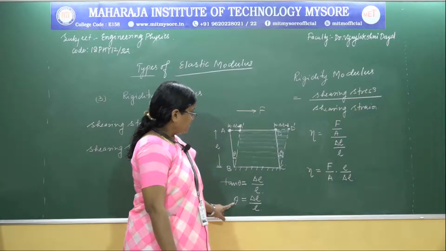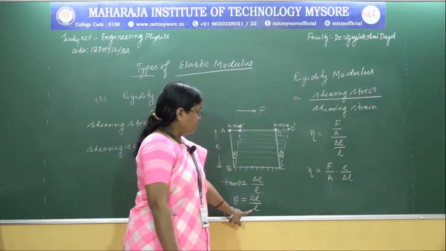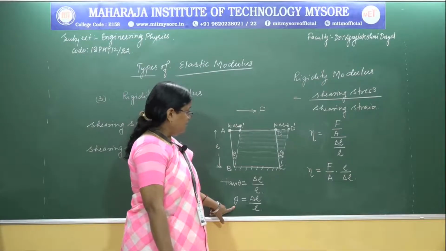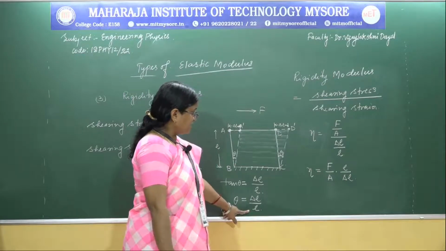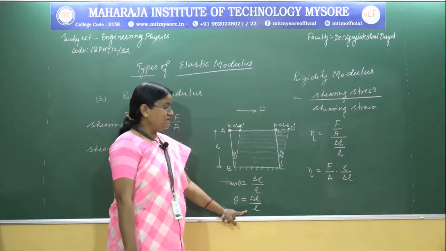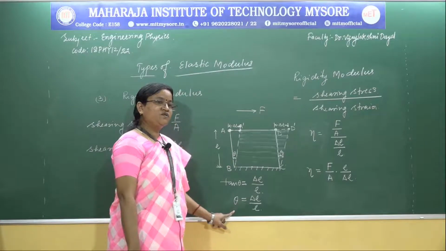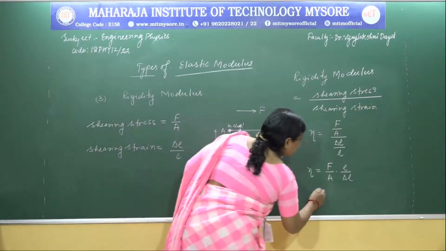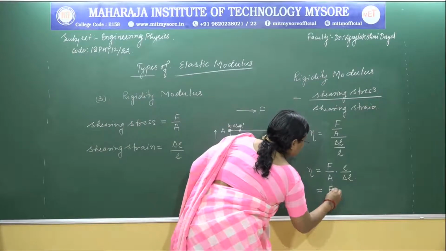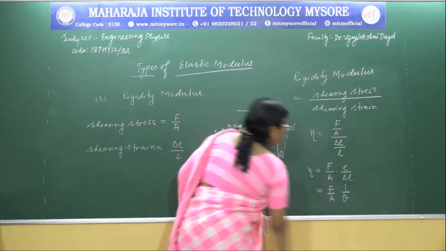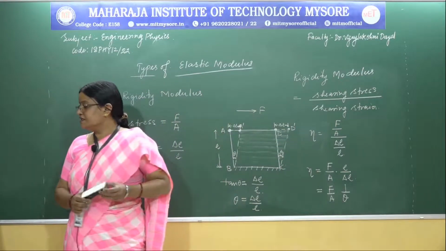Now this delta L by L we have denoted by theta, and if we take the reciprocal, then L by delta L will be equal to 1 by theta. So we can write this equation as F by A into 1 by theta.